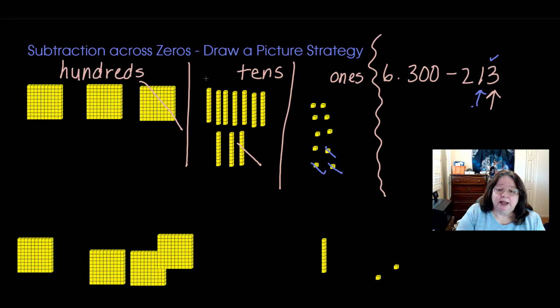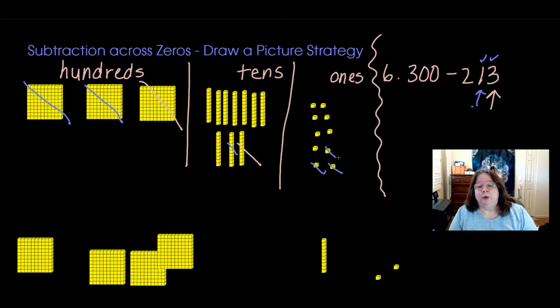So let's go to our 10 section, and we take away one group of 10. We've done that. Now we're taking away hundreds. There's 2 hundreds, so 1, 2. We've already taken this away. We can't take it away again, so we're taking away those.